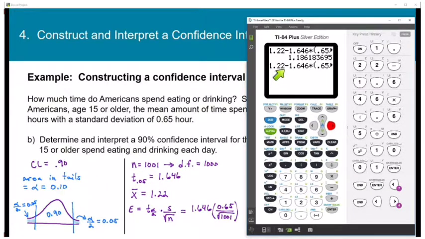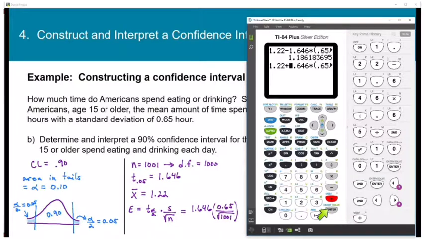So I want to put my cursor over the minus sign, and then I want to change that minus to a plus, and now hit enter again, and there's the upper limit of our confidence interval. So again, second enter recalls the last entry that you made, and second left arrow scrolls you all the way to the left side of the command you're editing.